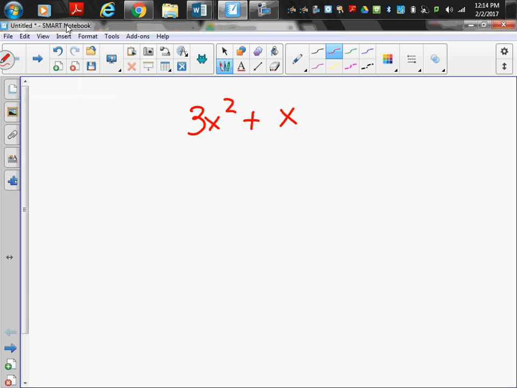We started with a polynomial, and we need to factor out a monomial. What we started yesterday was breaking it down into the prime factorization. So we know this is 3 times 1 times x plus x. The only thing I can take from both pieces is my x.